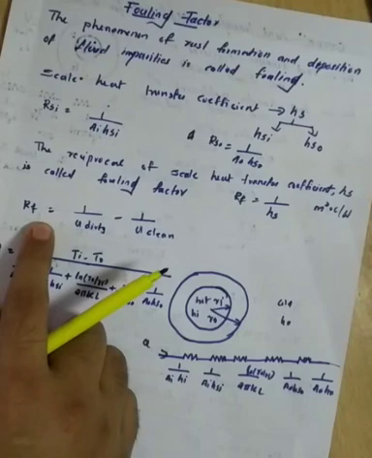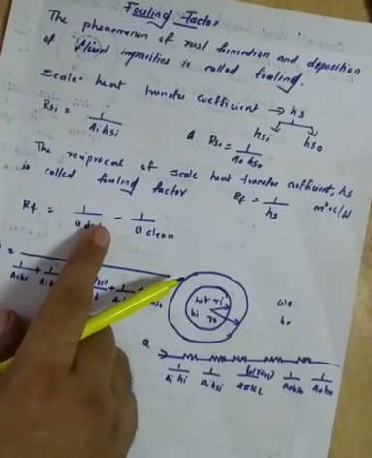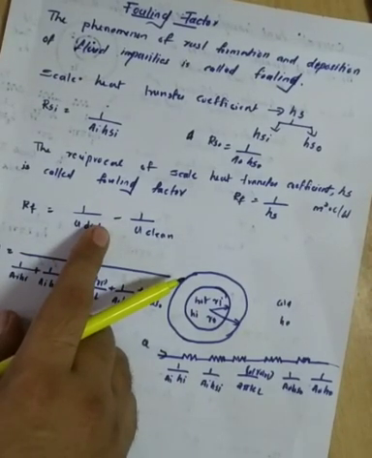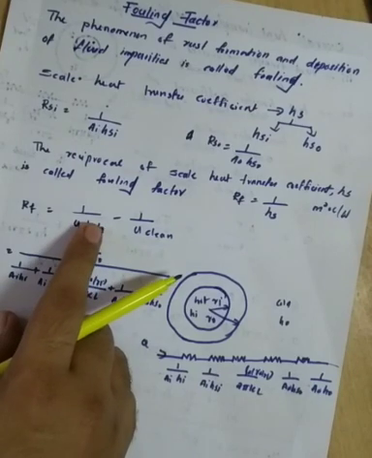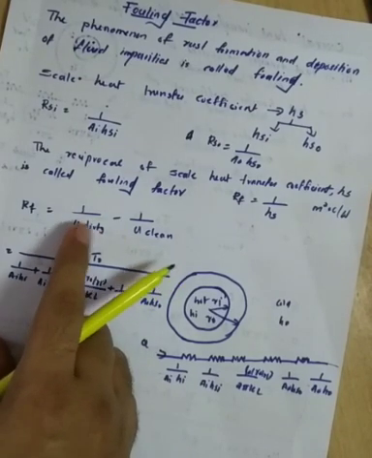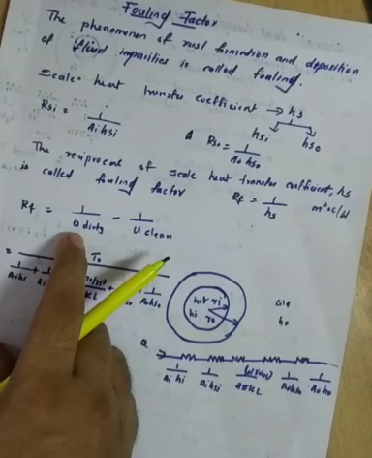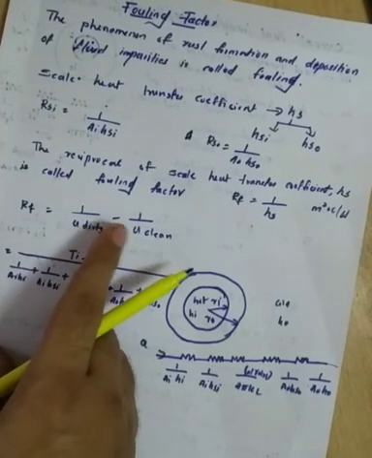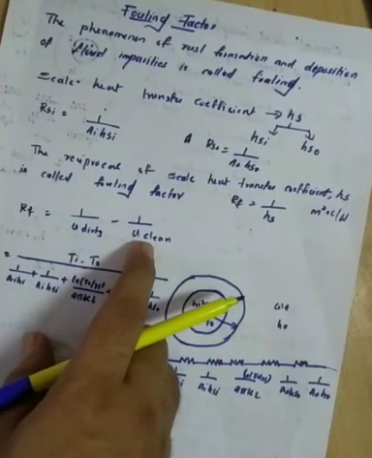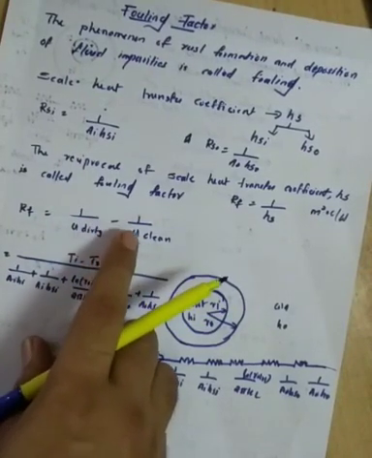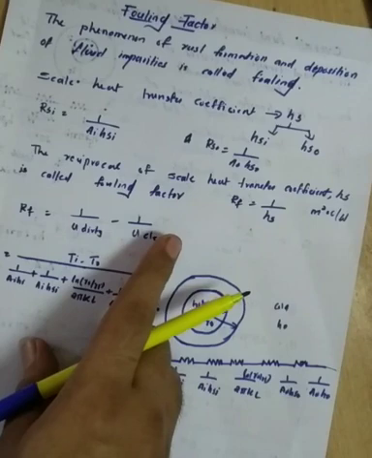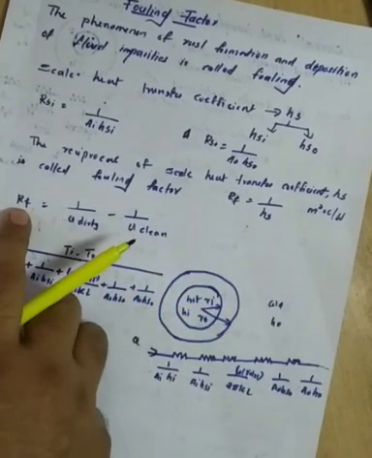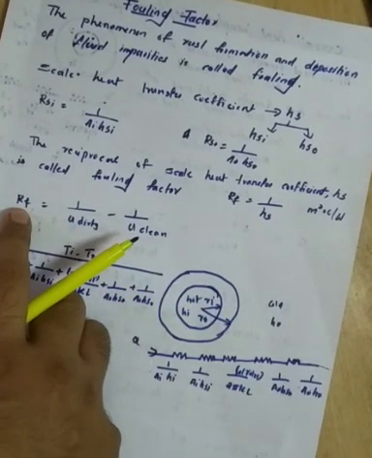The fouling factors are determined experimentally by testing the heat exchanger in both clean and dirty conditions. We find the overall heat transfer coefficient in dirty condition and in clean condition, and Rf is 1 by U dirty minus 1 by U clean. You will get Rf, the fouling factor.